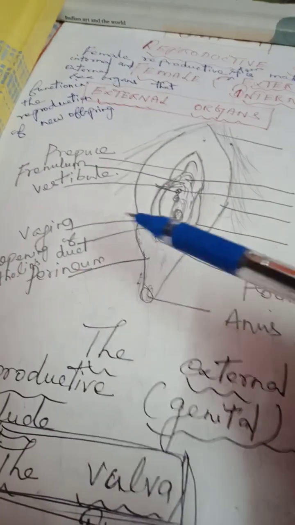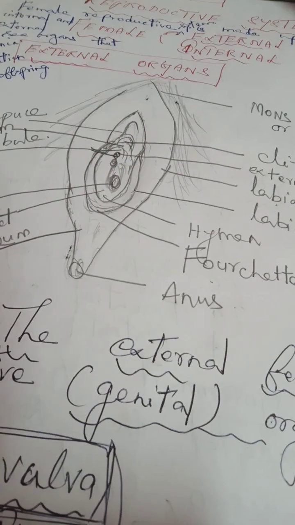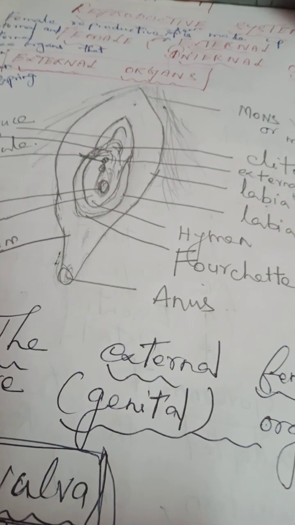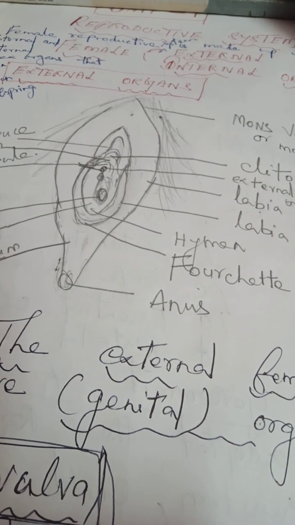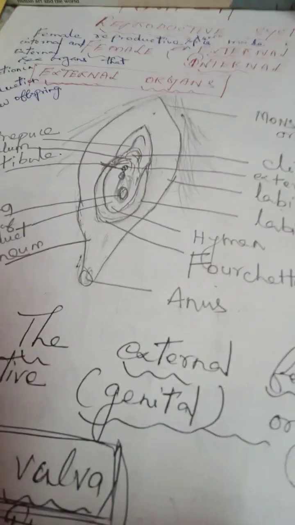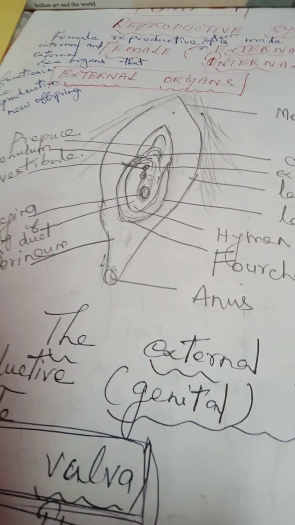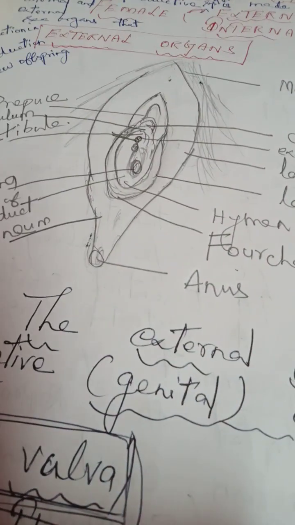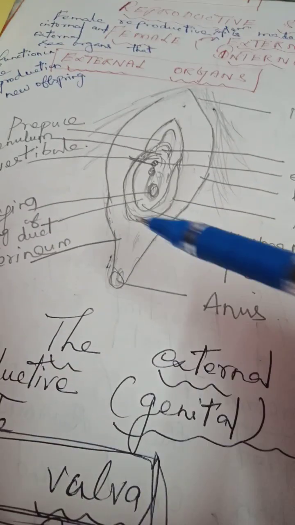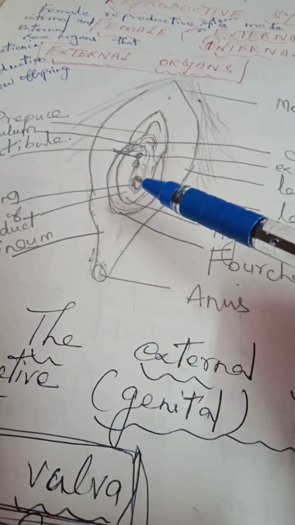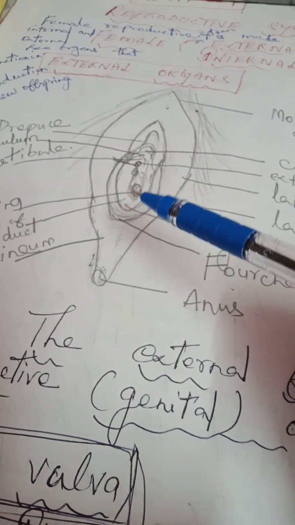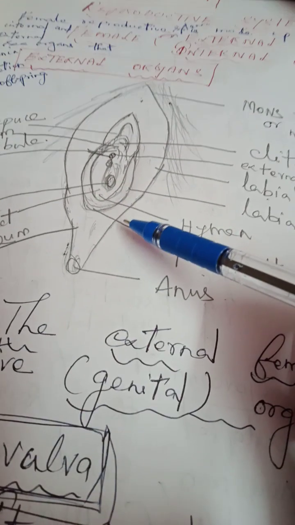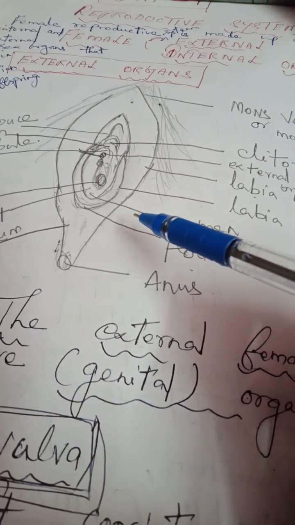Next, vaginal orifice. It is also known as the introitus of the vagina. It occupies the posterior two-thirds of the vestibule. This orifice is partially closed by the hymen.